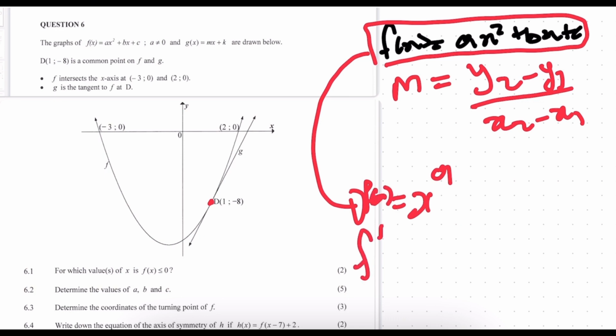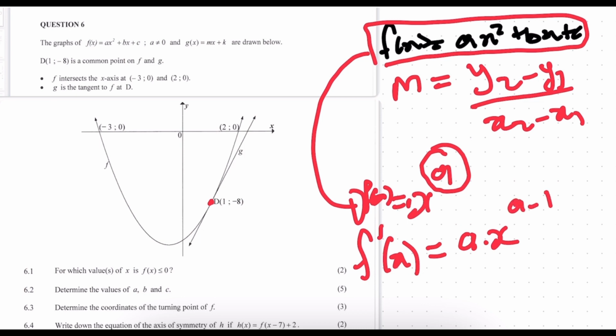The derivative of this, you say f prime x. That's how you denote that you're now taking a derivative. You multiply the coefficient that is here by the exponent. So you'll have 1 times a, which will be a. Then you return your x as it is. Then you subtract 1 from the exponent, so it will be a minus 1.